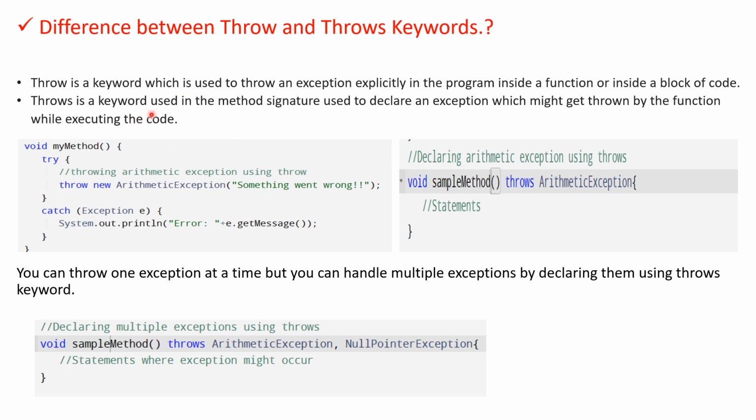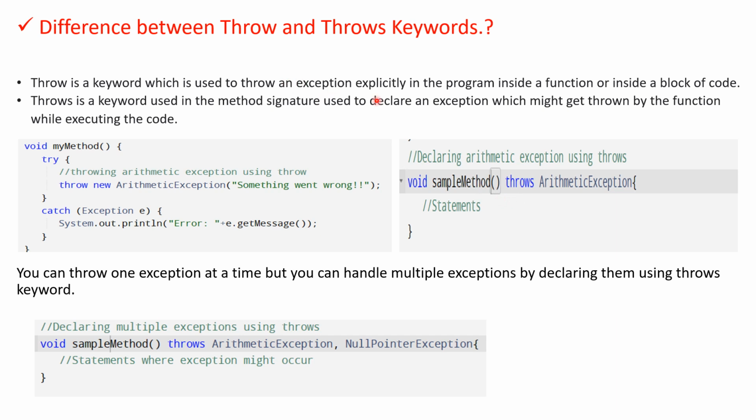Let's see the examples. Here is an example: void myMethod with a try catch block, throwing an arithmetic exception using throw. Particularly in the try catch block, we are expecting this exception, and we are throwing it here: throw new ArithmeticException. How do we use throws?